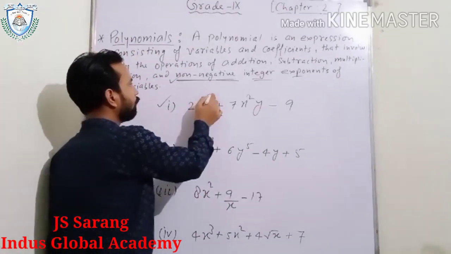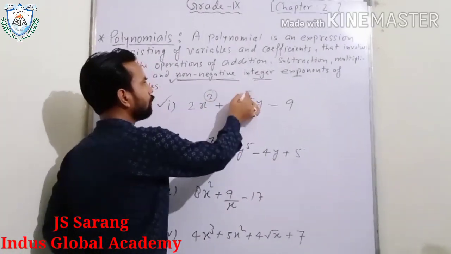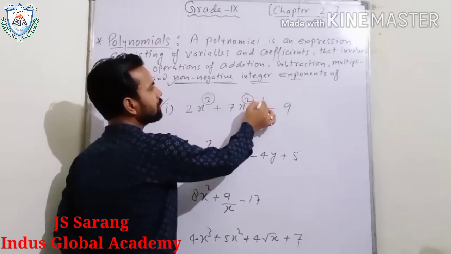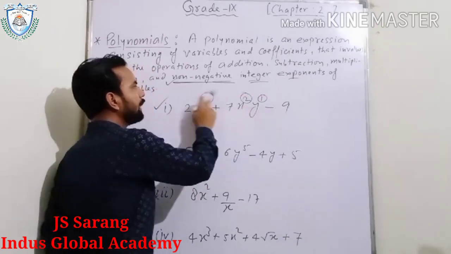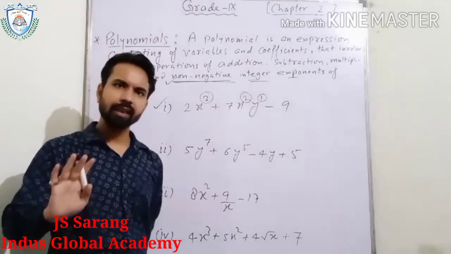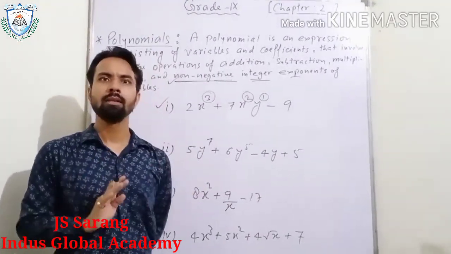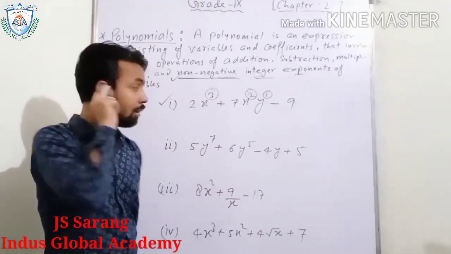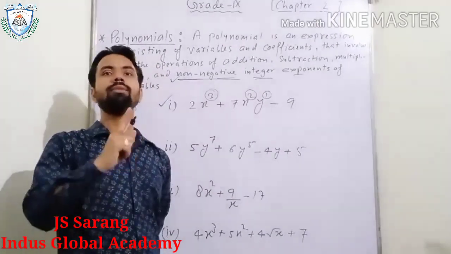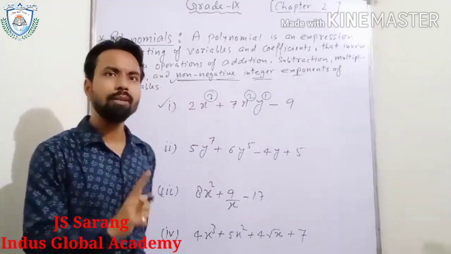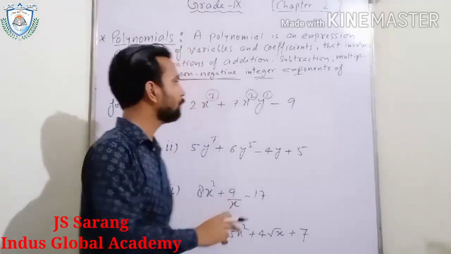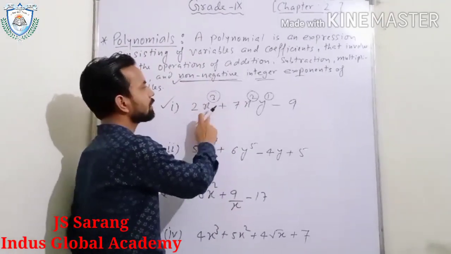So here, the power of x is 3, the power of x is 2 and the power of y is 1. So 1, 2 and 3 are all non-negative integers here. So this is a polynomial. But the question is, which is a polynomial in one variable? It means only one variable should be there. How many variables are here? x and y.